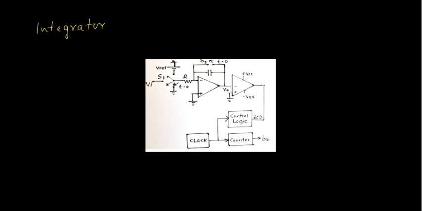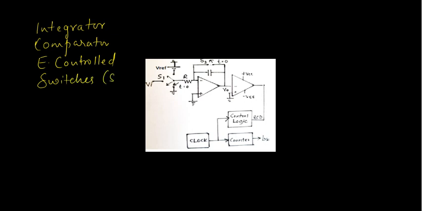Then you have one comparator here using an op-amp comparator. Then you have a couple of electronically controlled switches, that is S1 and S2.